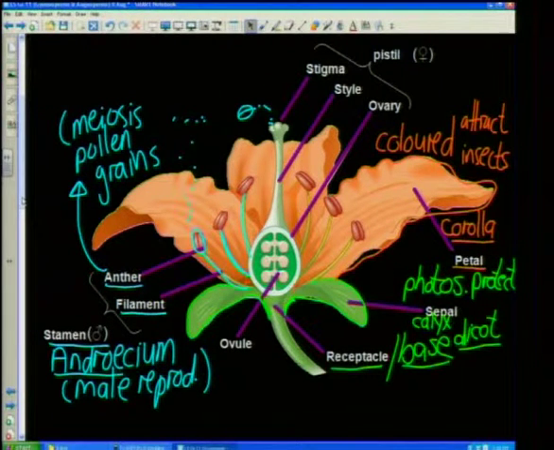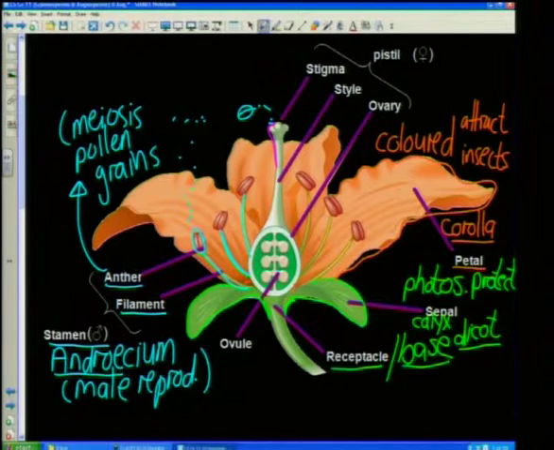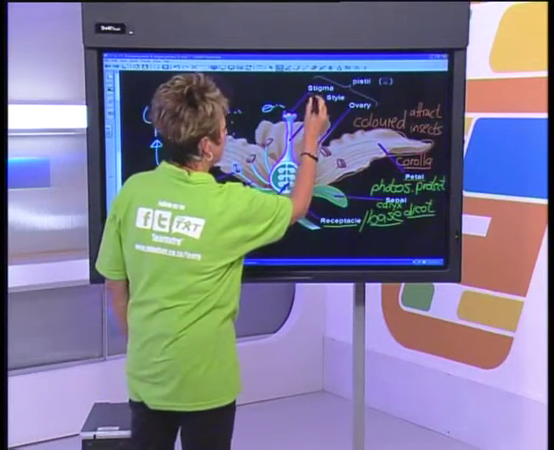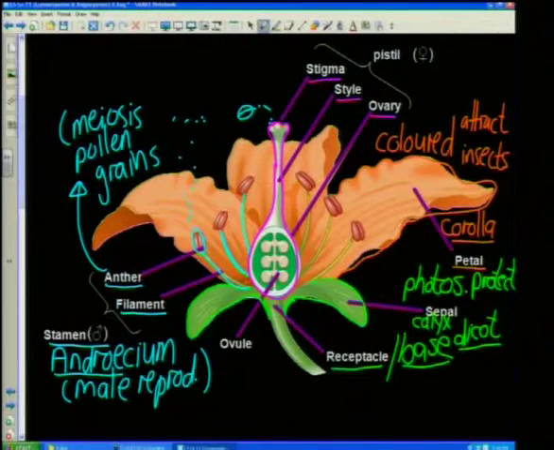All right, let's look at the female part now. The female part, it's like a beautiful pink color, consists of 3 parts. First of all, the stigma, the style, and the ovary. That is the female part, stigma, style, and ovary, collectively known as the pistil.